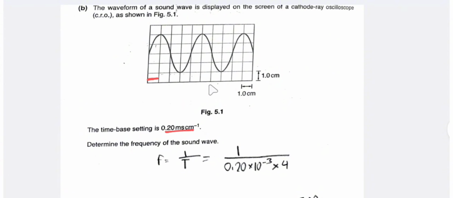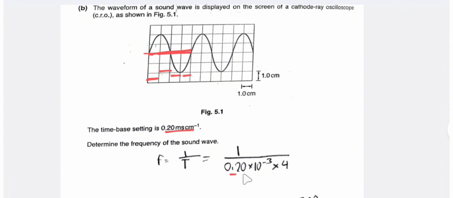We know that frequency is equal to the number of oscillations per unit time. We consider the oscillation of the wave produced as one wave, so frequency is equal to 1 by the time period. What is the time period? The time period is the time taken for the wave to complete. So 1 box, 2, 3, 4: the complete wave is formed in 4 boxes.